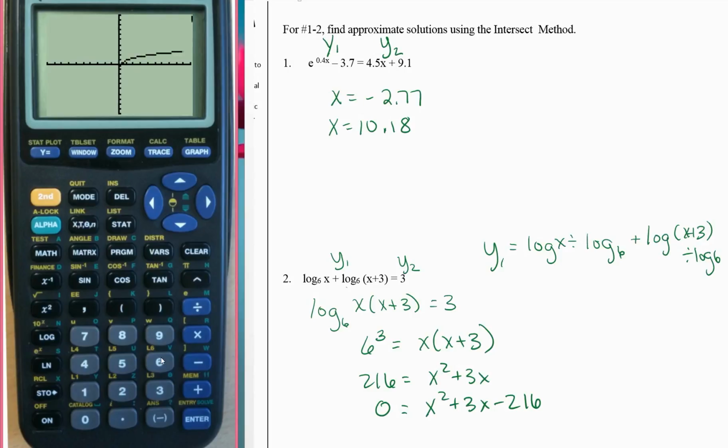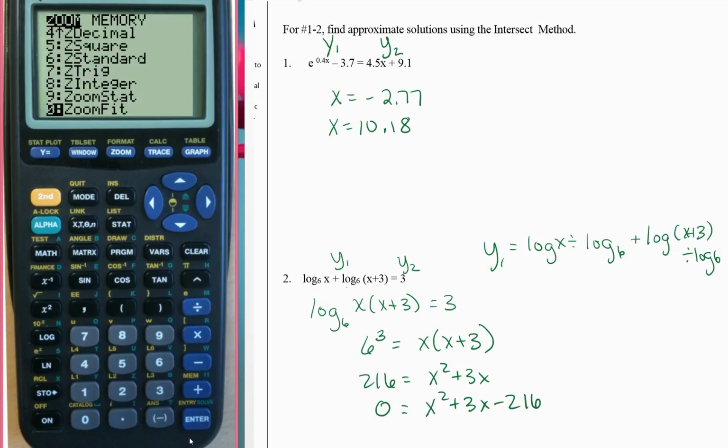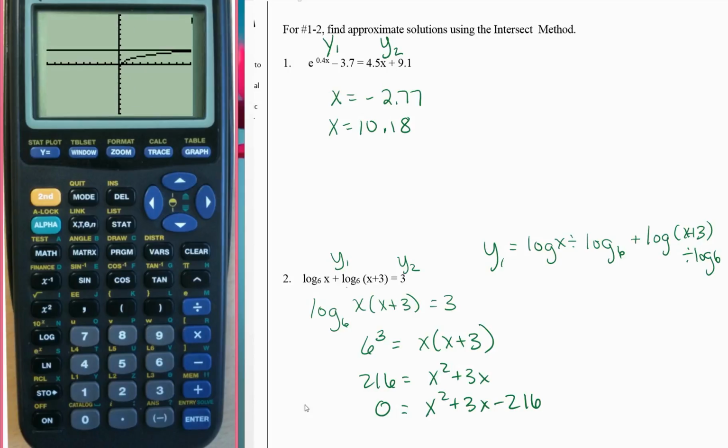So there's our logarithmic equation, and there's our other equation, and we see we're going to intersect once out here. Probably not too far off the screen, but if I hit zoom fit, let's see what that does for us. And we're still off the screen.